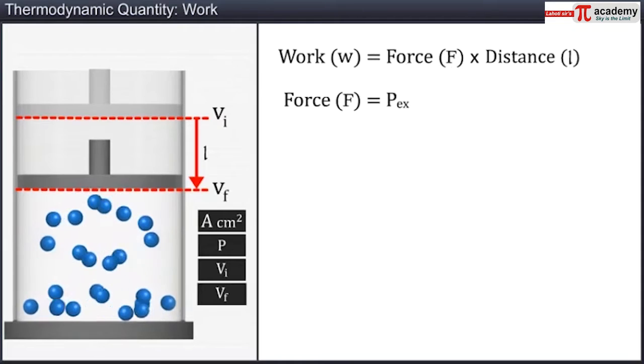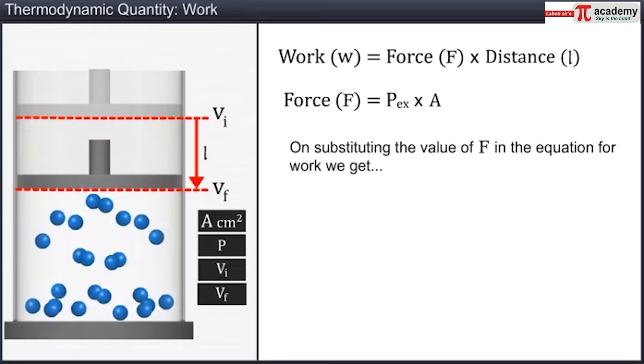But force equals external pressure, that is, Pex multiplied by area of cross-section A. Substituting the value of force in the equation for work, we get work is equal to external pressure Pex multiplied by area A multiplied by distance L.